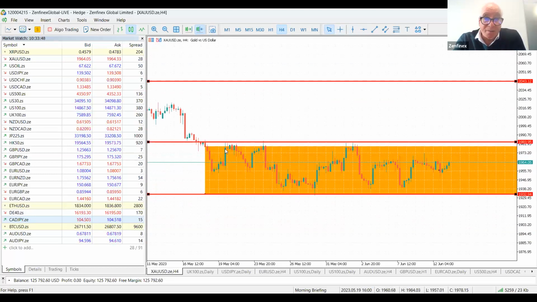So look, clearly hit, came down, hit, came down, hit, came down, and now it's stuck in the middle. It's obviously waiting for inflation news. So it's probably going to continue within this channel, and it might start having a look at both these levels before it makes its move.